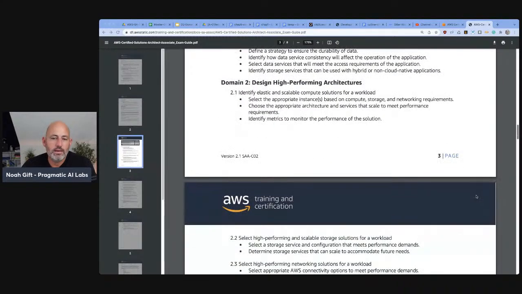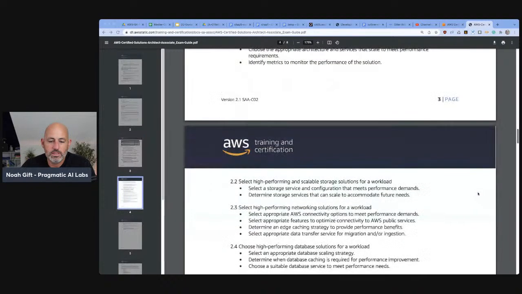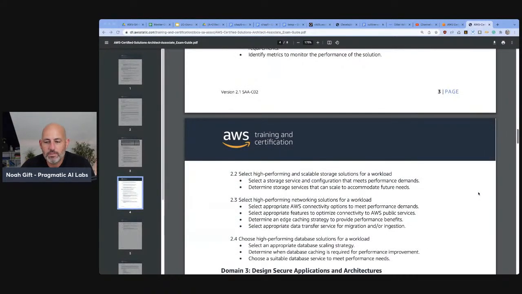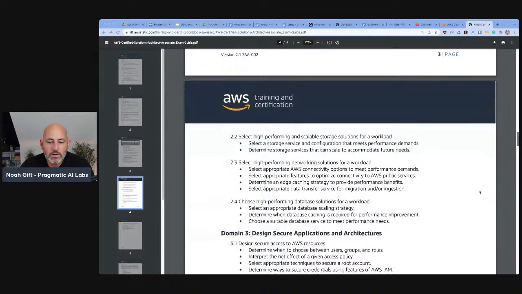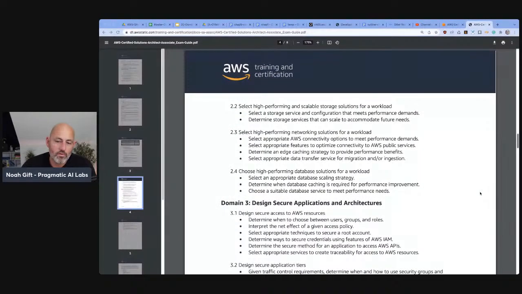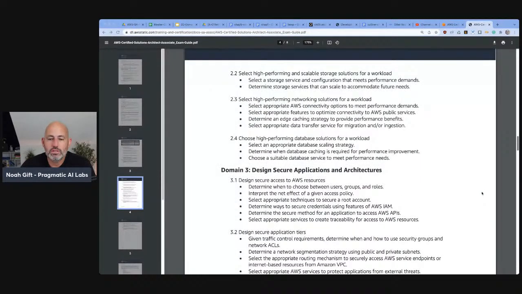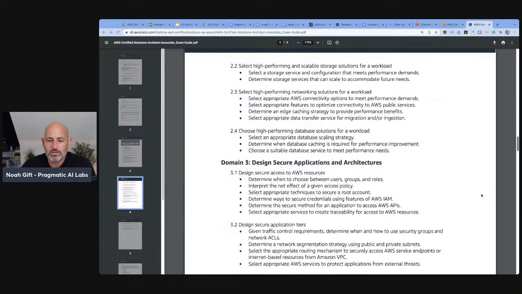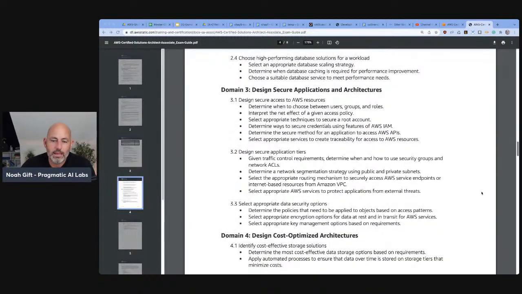So that's domain one. Two is high performance architecture: identify elastic and scalable compute solutions, select high performance and scalable storage solutions for a workload, select high performance networking solutions for a workload, and choose high performance database solutions for a workload.